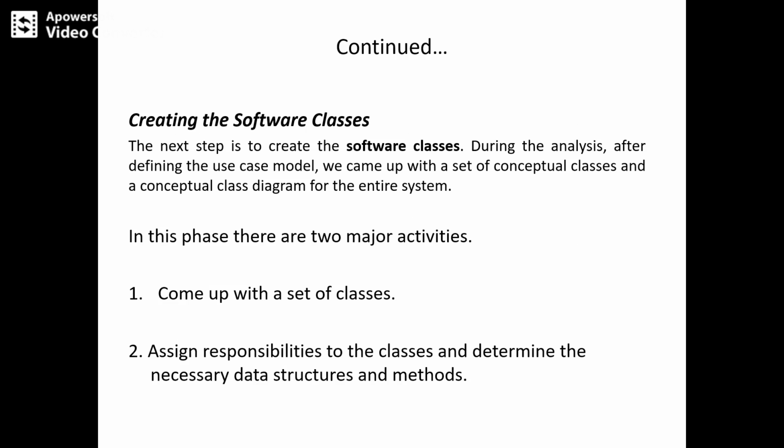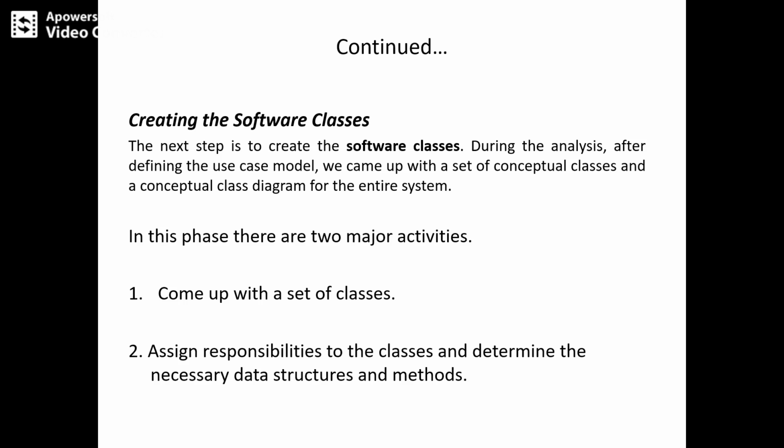Now we will discuss creating the software classes. This is the next step in the design process. Once we identify all the major subsystems, we need to create software classes among the major subsystems.